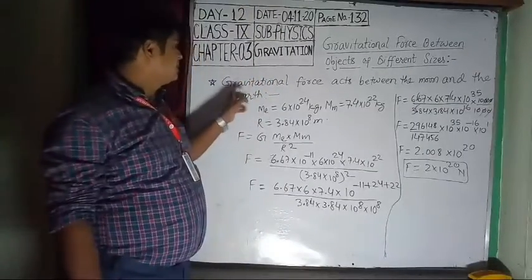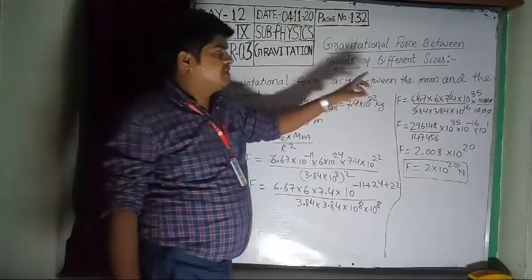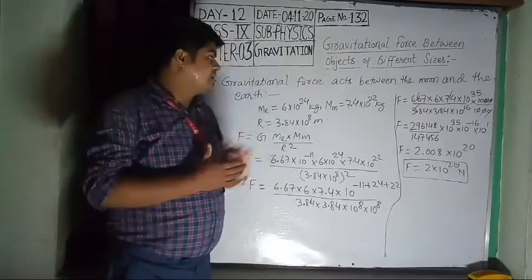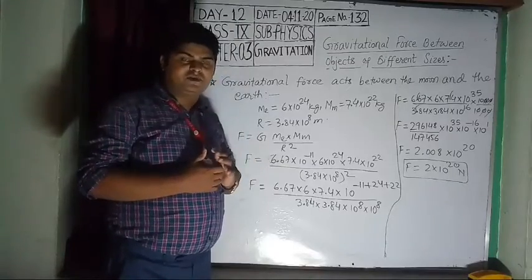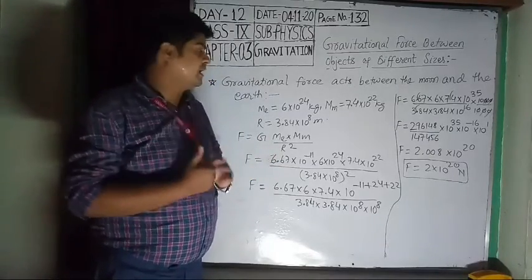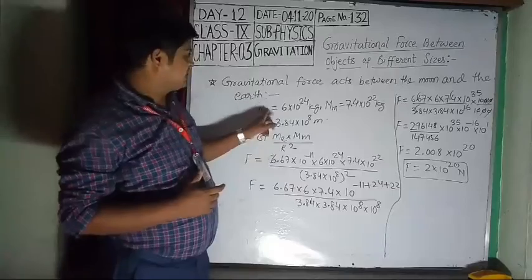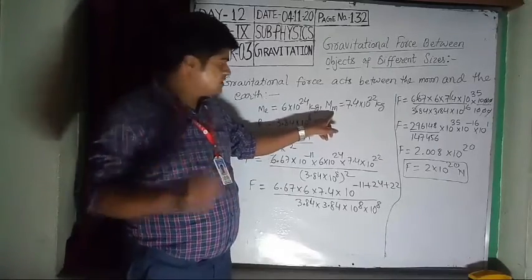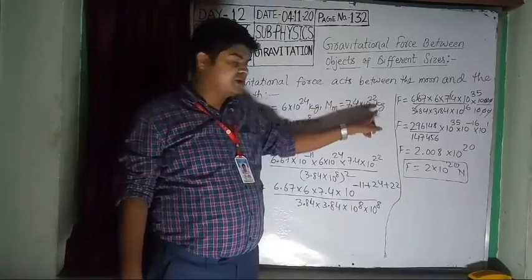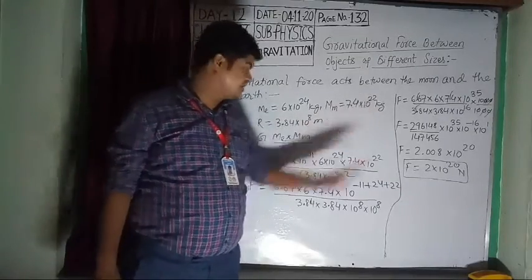Students, here is the gravitational force acting between the moon and the earth. Now I am going to solve how to find the gravitational force between the moon and the earth. You know the mass of the earth is 6 into 10 to the power 24 kg, mass of the moon is 7.4 into 10 to the power 22 kg. You will learn this also.